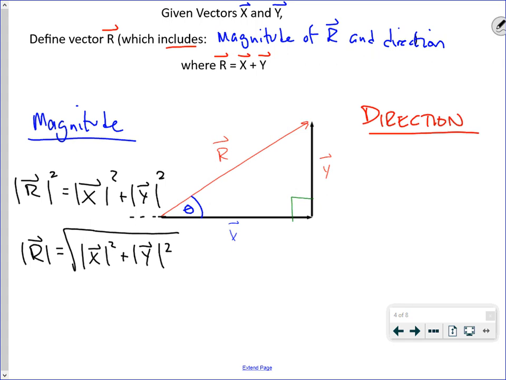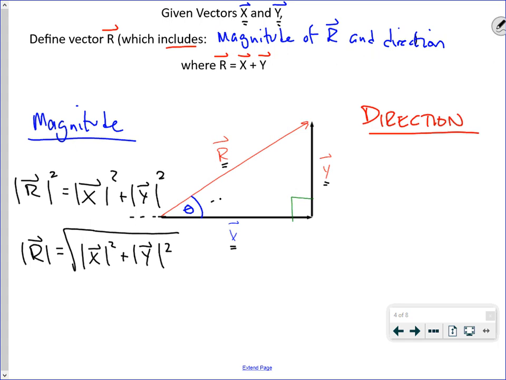You're going to have to do something with trigonometry. And if we're given x and y, we should strive to use those knowns as opposed to using a calculated answer, which could include some rounding. We might as well try to use x and y to find theta.